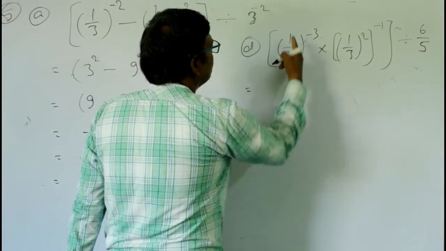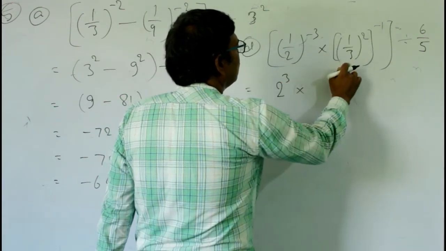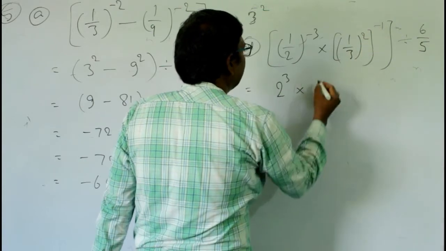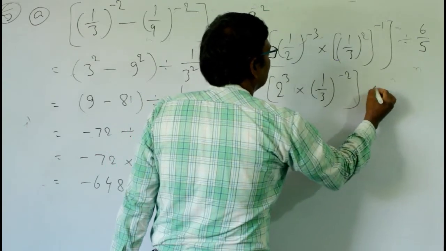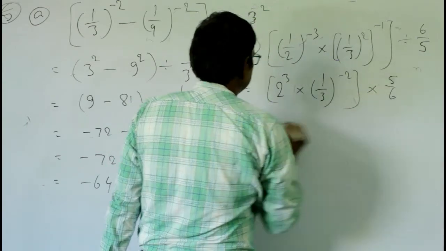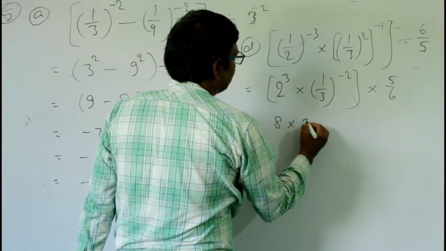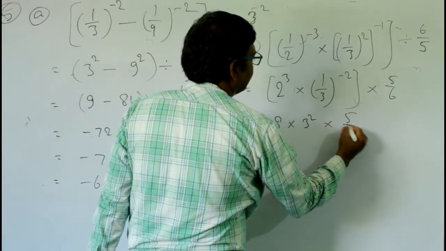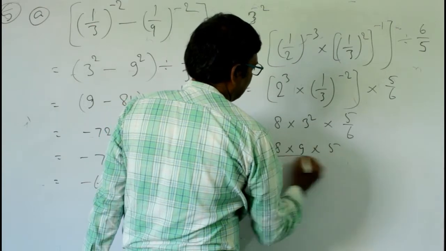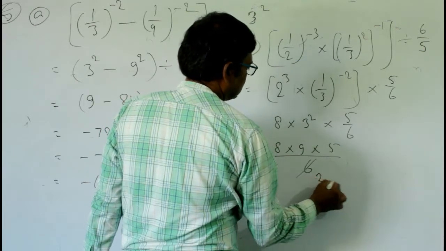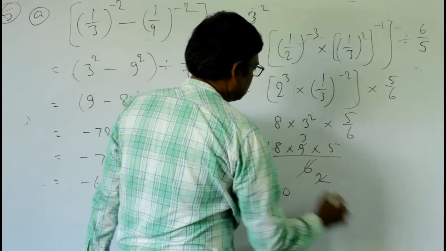It will be 2^3 here, and for ((1/3)^2)^-1 these two powers will be multiplied, so it will be (1/3)^-2, and write into 5/6. Then this will be 8, and into 3^2 into 5/6. So 8 into 9 into 5/6, and the answer will be 60.